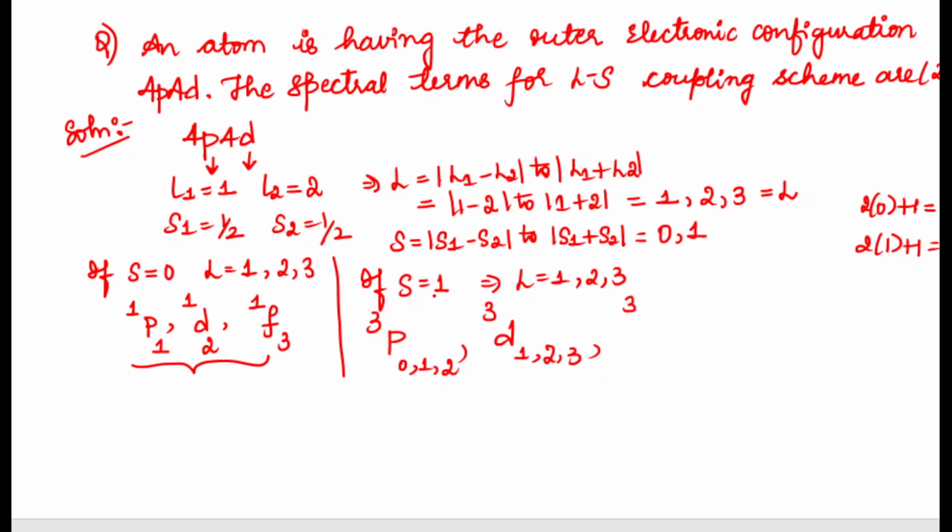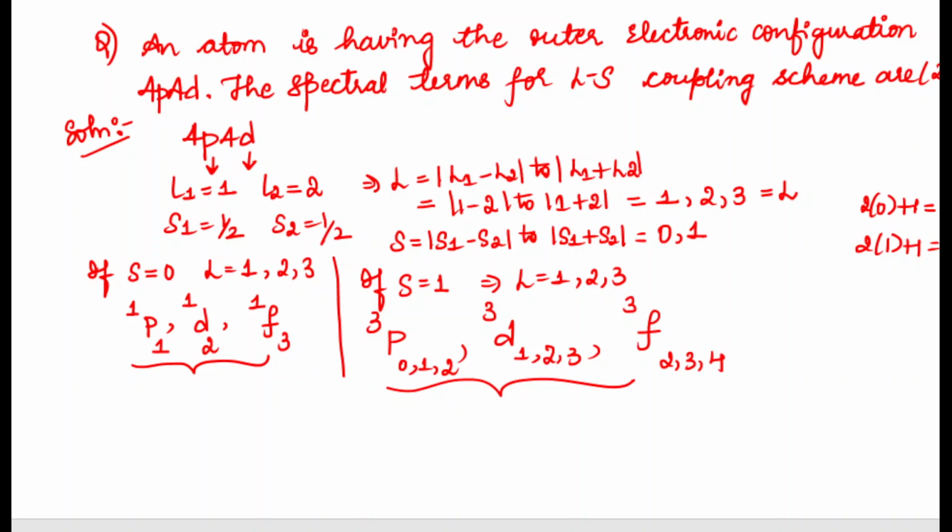And here we have L equal to 3. L equal to 3 means F term will come into existence. 3 minus 1 is 2, 3 plus 1 is 4. So the values are 2, 3, 4. In the options, all of these are given. So that's why this is the right solution according to the LS coupling concept.